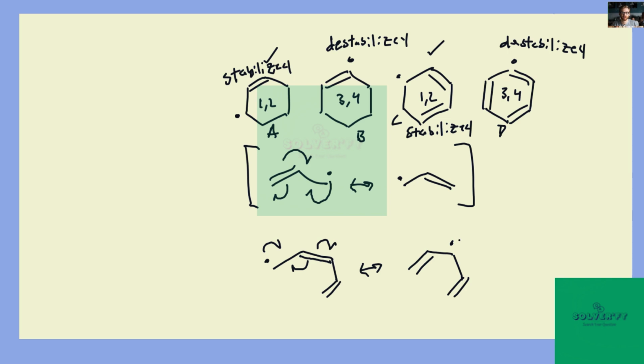And then it can have resonance with this double bond, like so. Okay. And the more resonance structures you can draw, the more stable something is, right? So it turns out that C here has got to be the most stable, and A is the second most stable. And that's because C has more possible resonance forms that you can draw.